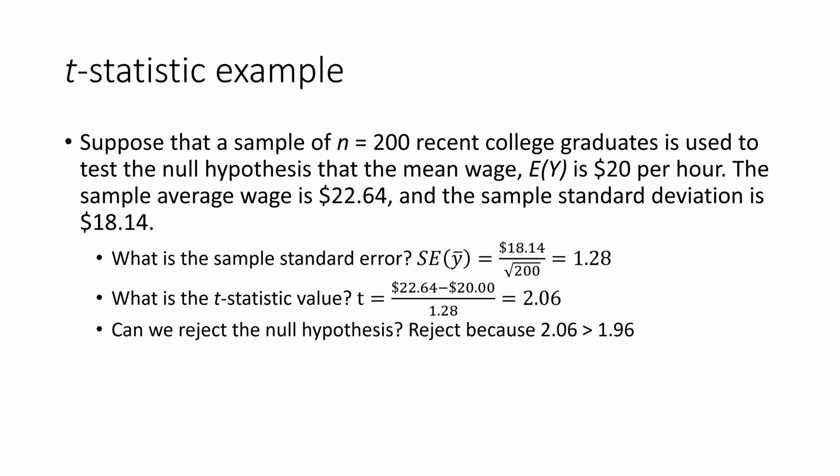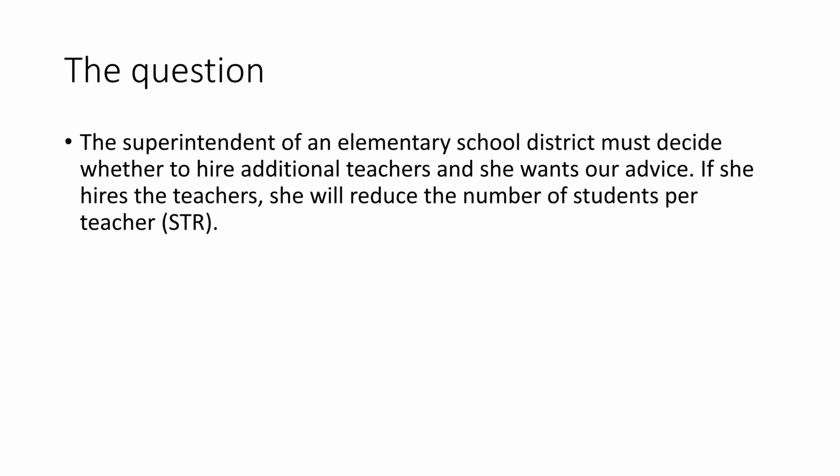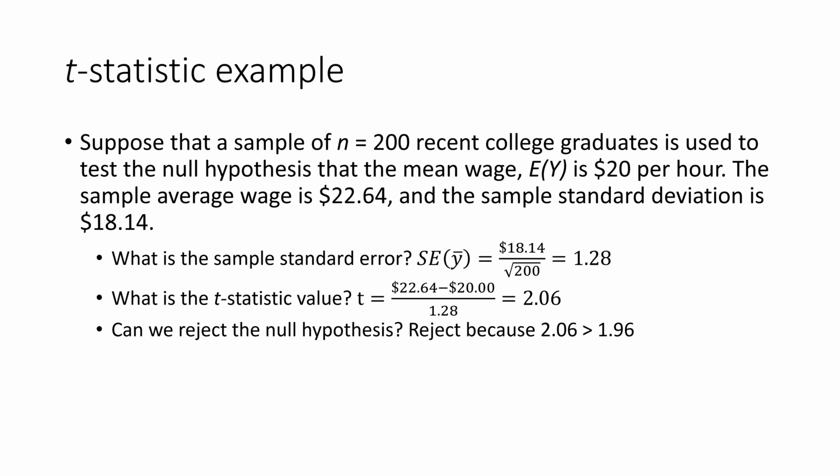What does that mean? So how we determine if a value is statistically different: it is statistically significant if the t-stat that we get is greater than 1.96. This is a pretty basic rule of thumb.